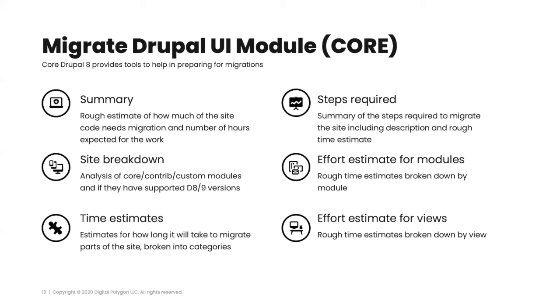It'll give you a breakdown of how long it'll take to migrate some of these things, broken into categories, and the steps required to do your upgrade. It'll give you effort estimates for modules, really rough timelines, but it gives you some sort of idea to see how complex this is going to be. And then again for Views as well, depending on how complex it is.